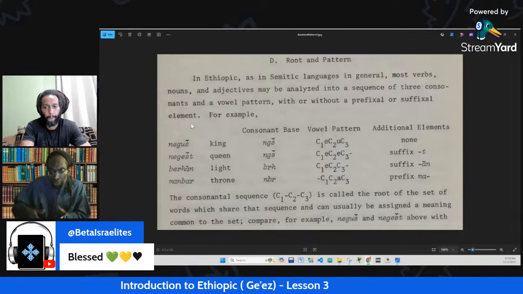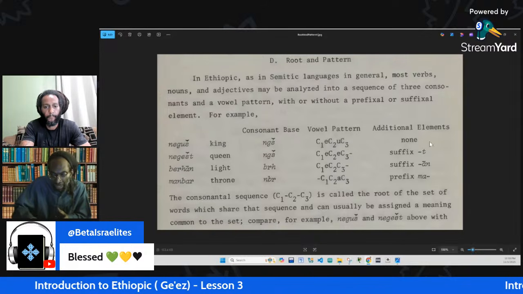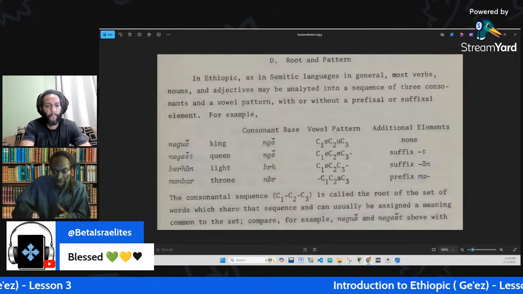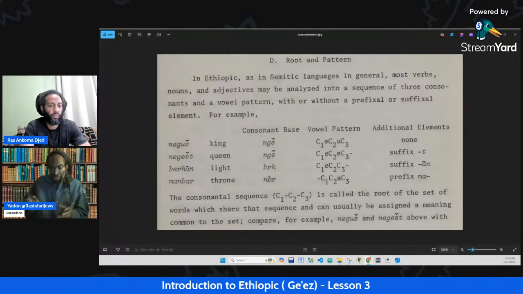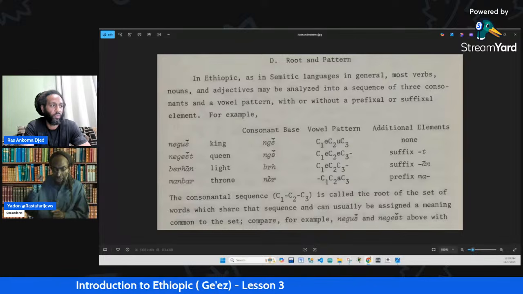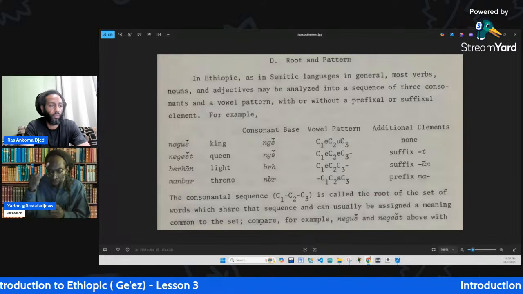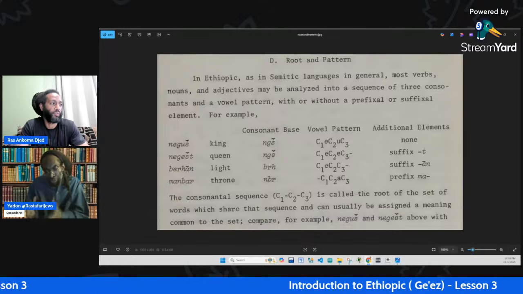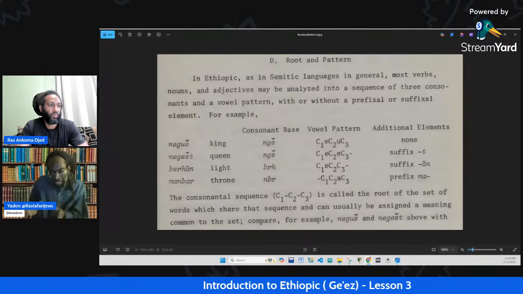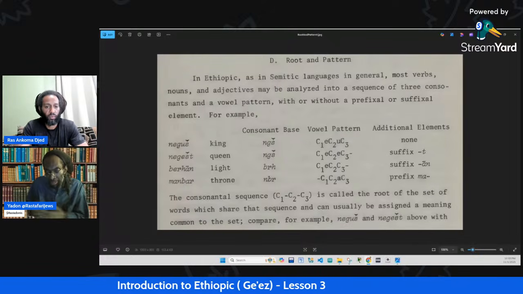So we have negush: the ne, the ge, and the she, or the N, the G, and the S. So that right there is the tri, like a trinity, the tri-consonantal base. When we talk about the Trinity and we get into the real science of language and the evidence, it's there.